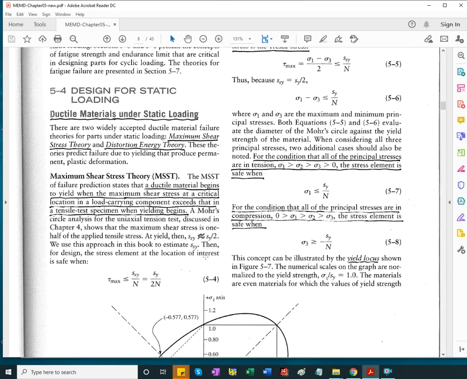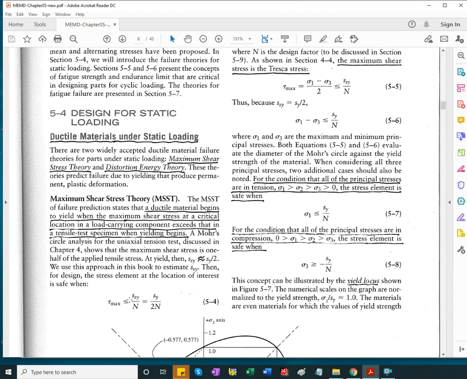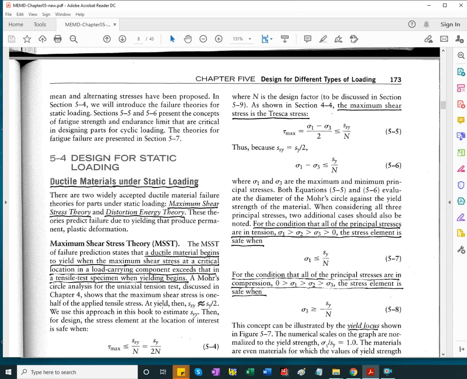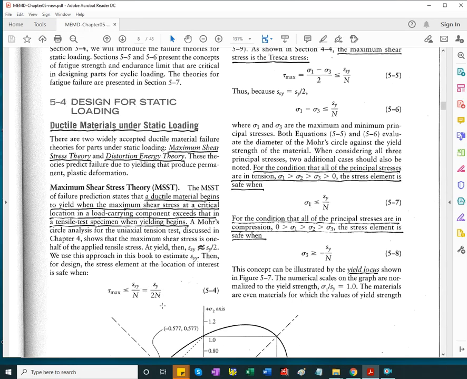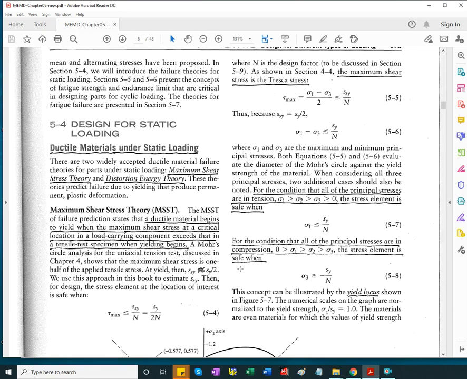Okay, so including a design factor, the stress is considered safe if this inequality holds. The maximum shear stress is less than or equal to the yield strength in shear divided by the design factor, or with this approximation, the yield strength divided by 2 divided by the design factor.